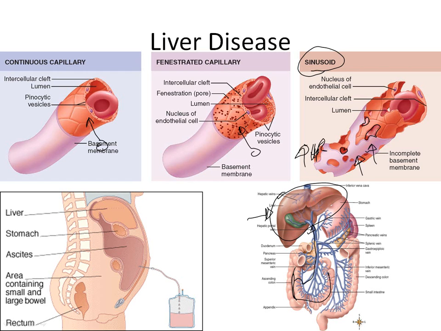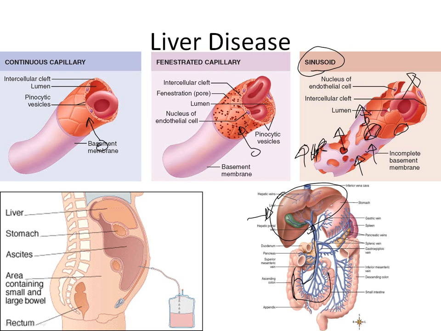With these high levels of hydrostatic pressure inside the capillary bed in the liver, it is very easy to push the albumin back out of the capillaries because there's no way for them to stay inside with all of these really big windows inside the sinusoid capillaries.